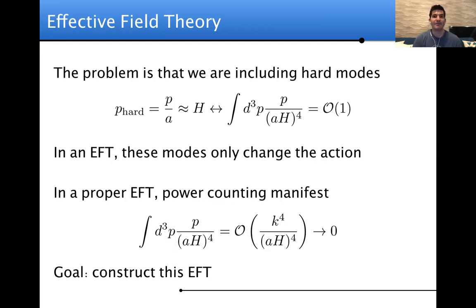And even better, if our EFT makes power counting manifest in the way we calculate loops, when we see a loop integrand like d^3p times p, we should get an answer after regulating it in a way that respects power counting that scales like the soft momentum, k over aH, to the fourth. So our goal for the rest of the talk is to construct an EFT with these properties.